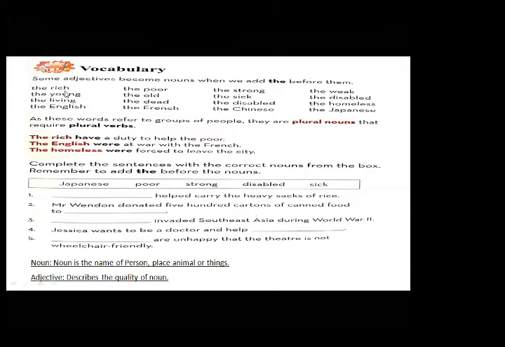So when we add the before rich, it becomes a noun. Now the rich is a noun. The rich person is wearing nice clothes. So you are pointing out towards the noun. This is the example. It is not present in your course book.